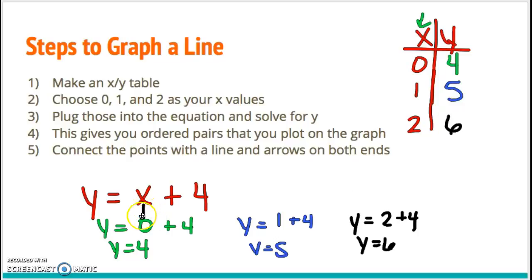All I did was take each of those x values, plug them in where the x was in the equation, and then solve it. Now, step number 4: this gives you 3 ordered pairs that you are going to plot on your graph. Remember, our ordered pairs are always x, comma, y. So this first ordered pair is 0, 4.